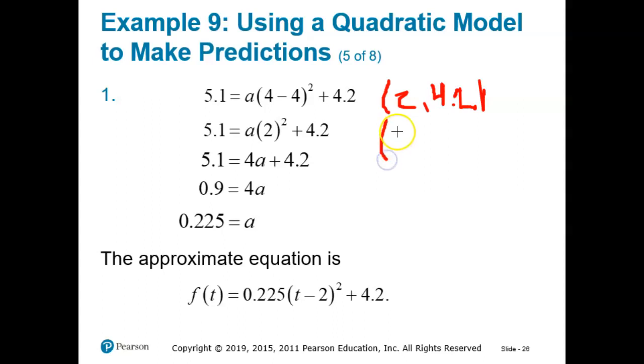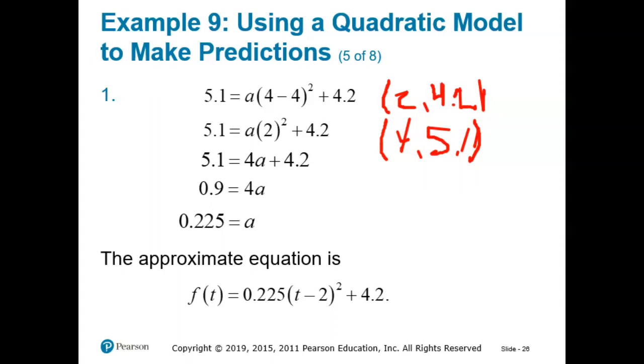And then we have the point 4 and 5.1. So those would be the points that we are going to be using going forward.